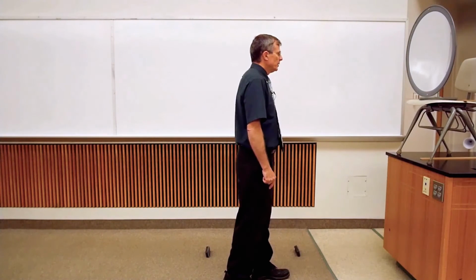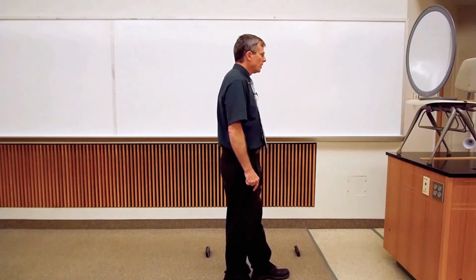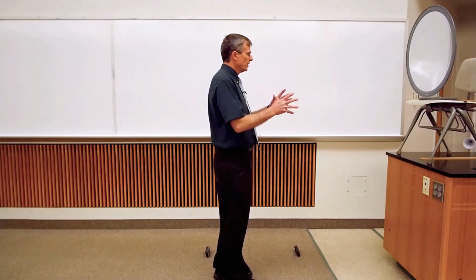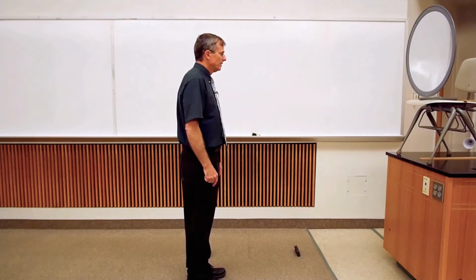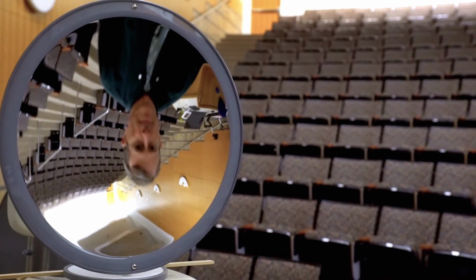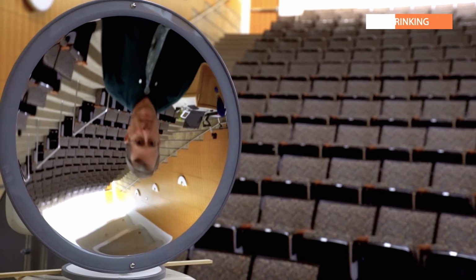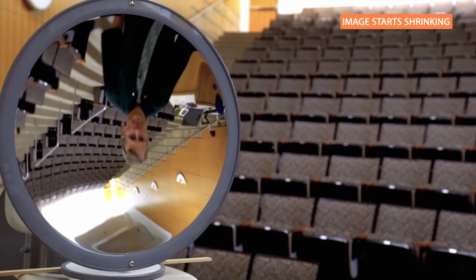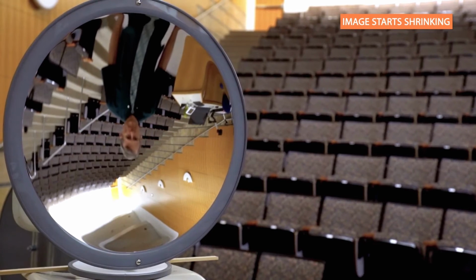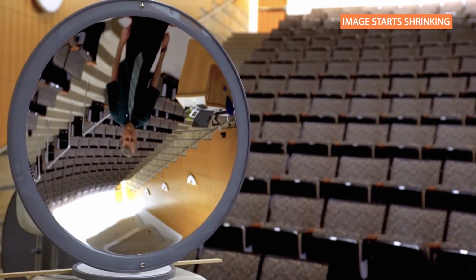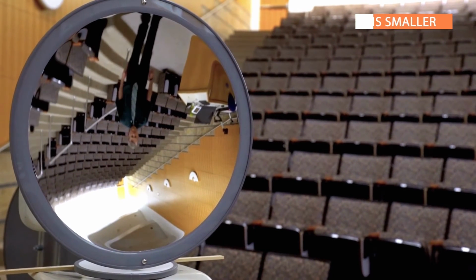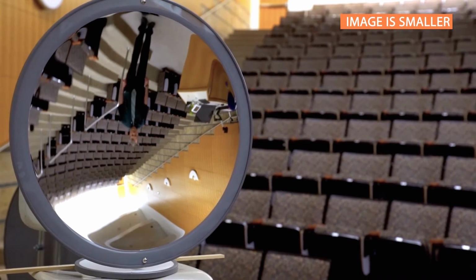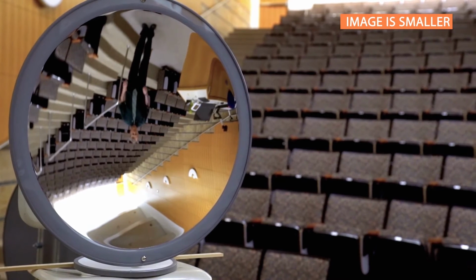And then as I move past the focal point toward the radius of curvature, the image is shrinking in size until at the radius of curvature, the image is now unmagnified. The magnification is 1. Beyond the radius of curvature, the magnification becomes less than 1, and the image is therefore reduced and still inverted. Cool, right?